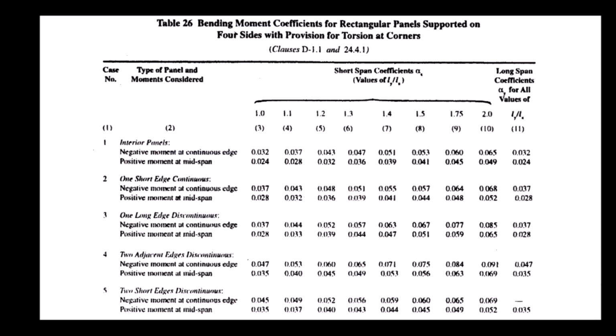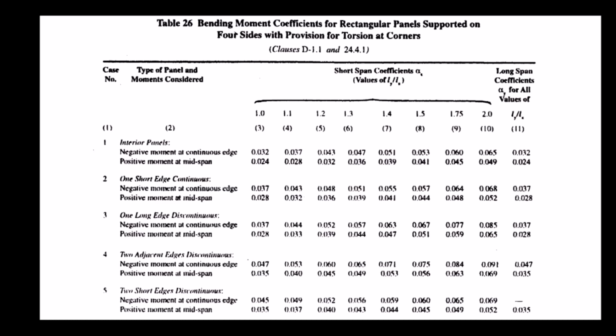In the next column, the short span coefficient, that is alpha x. There are a few values of Ly by Lx. Depending upon the ratio of Ly by Lx, the value of alpha x will change. And in the last column from the left, that is the long span moment coefficient, that is alpha y, for all values. The Ly by Lx value is not the criterion for this, only support condition is the criterion.